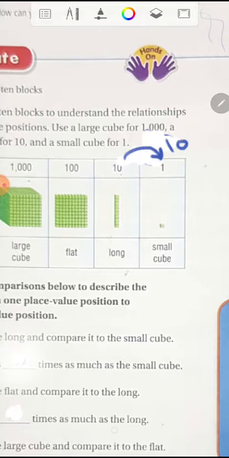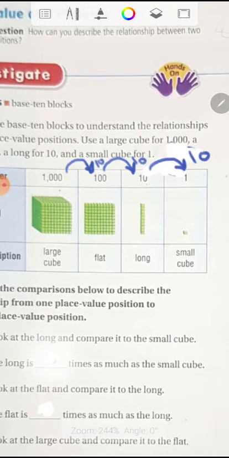That means a long is 10 times a small cube. Also the flat is 10 times as much as the long. And also the large cube is 10 times as much as the flat. So this is the relationship between each digit and the digit before it.